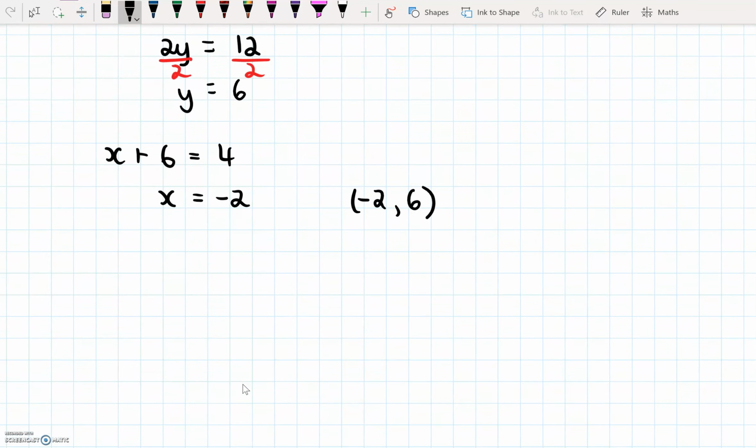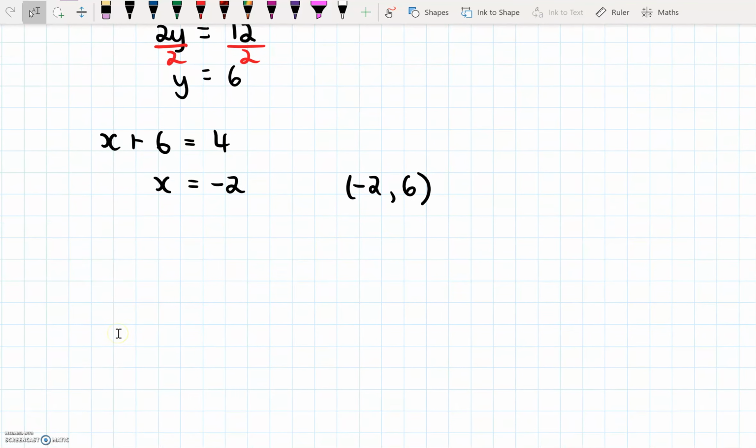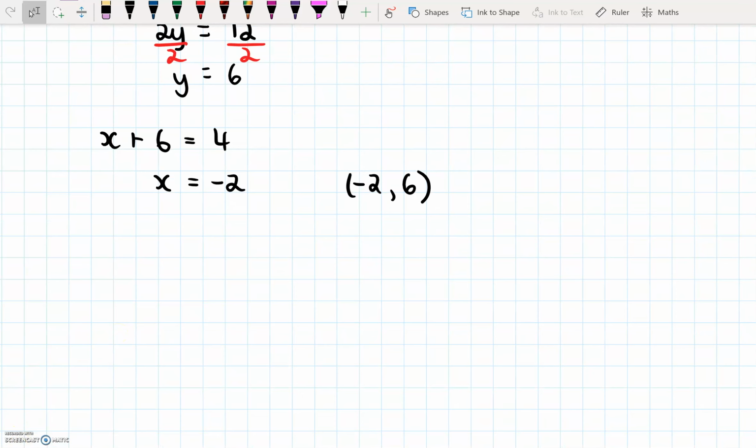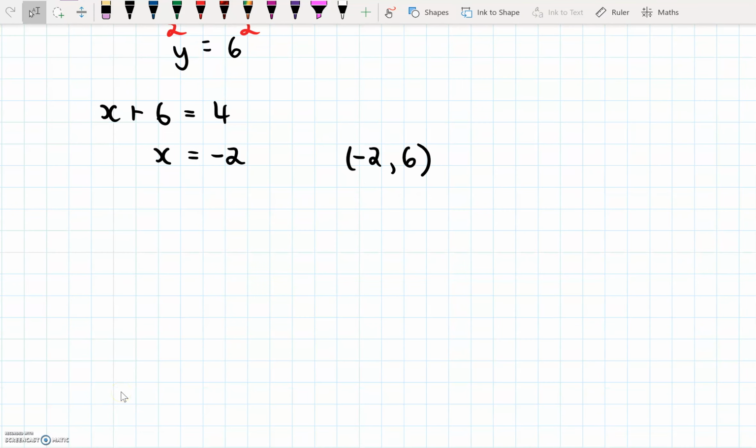So let's do an example where we have a different situation. And the one we will do is this one. So if I have minus 4x plus y equals 5, and then we have 4x minus 3y is equal to 3.